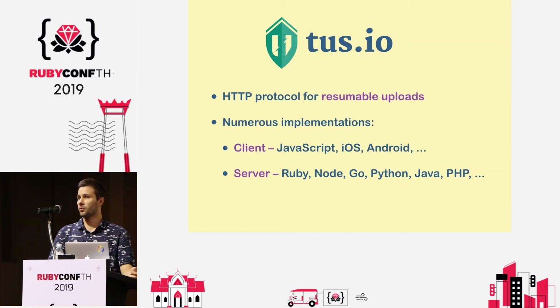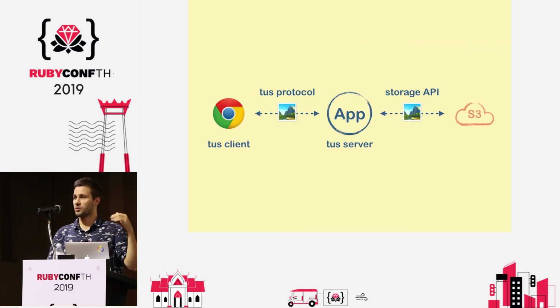So if you are developing a mobile application, you have a solution for that as well. And if you decide to reimplement a microservice in another language, you will most likely have a solution for that as well. The reason why both client and server solutions need to be implemented is because both need to know about this protocol.